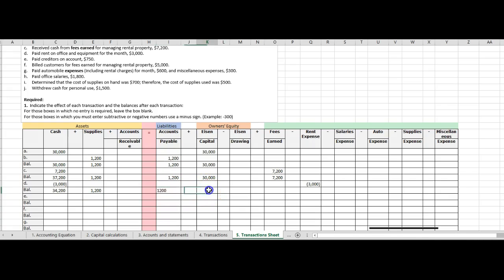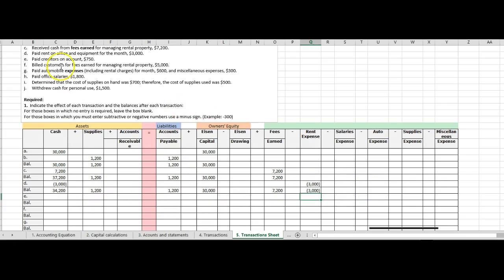I still have $30,000 here. I still have $7,200 here. And I have a negative $3,000 here. So if I calculate this entire line out, it's going to equal the $34,200 plus the $1,200. So I'm in balance.